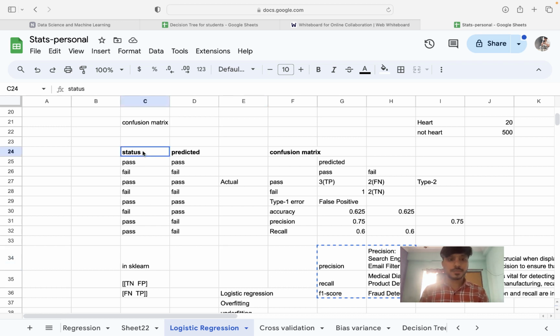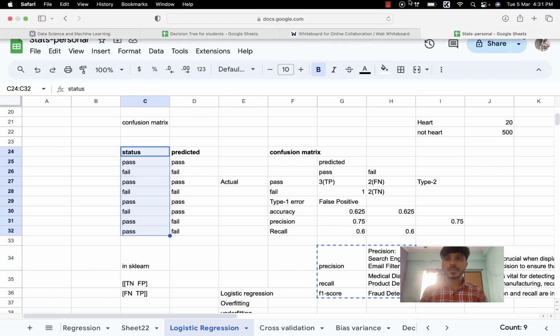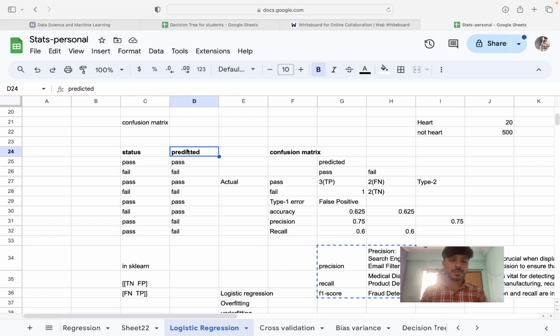Assume that these are your actual values and these are your model predicted values. I create the confusion matrix wherein you have actual pass and fail students, and model predicted pass and fail students. When my actual value is pass, how many instances did my model also predict as pass?